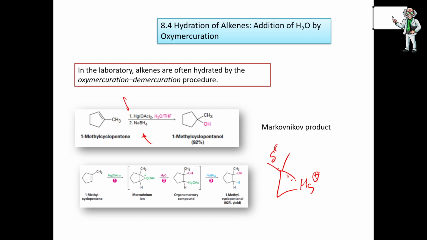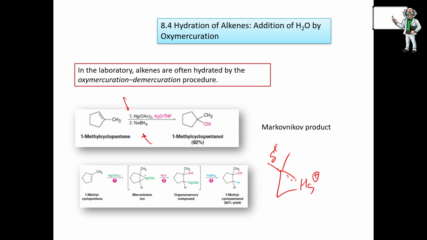That means the OH will always attack the carbon that can stabilize better the positive charge. And which is the one that can stabilize better the positive charge? It is the more substituted carbon of the double bond. Why? By the phenomenon of hyperconjugation that I explained in chapter number 7, sorry, not 15. Okay?